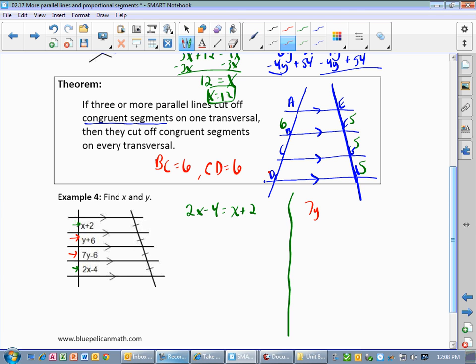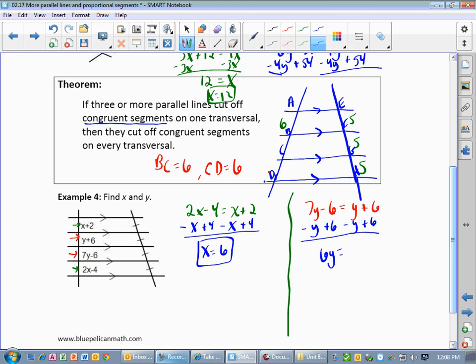So 7y minus 6 equals y plus 6. And so then I solve these completely independently, one to find x, one to find y. So subtract x from both sides, add 4 to both sides. So we get x equals 6. Subtract y from both sides, add 6 to both sides. So we get 6y equals 12. Divide by 6. So y equals 2.